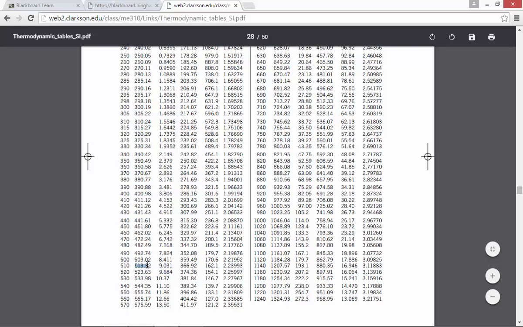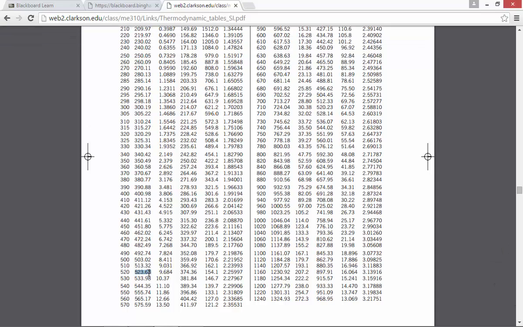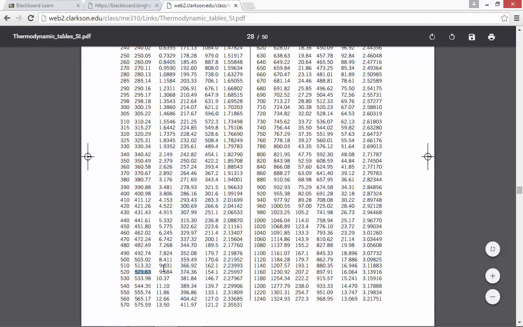So the enthalpy would be between these two values. Once again, I need to do the interpolation. This column is PR, and our PR at point 4S is in between these.